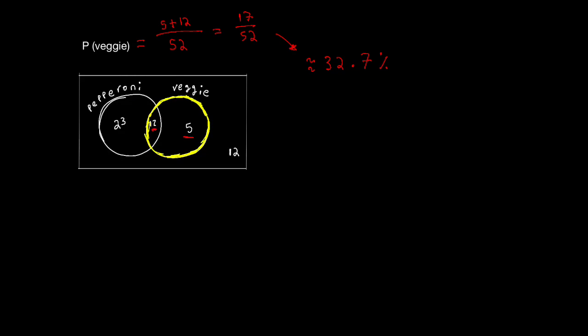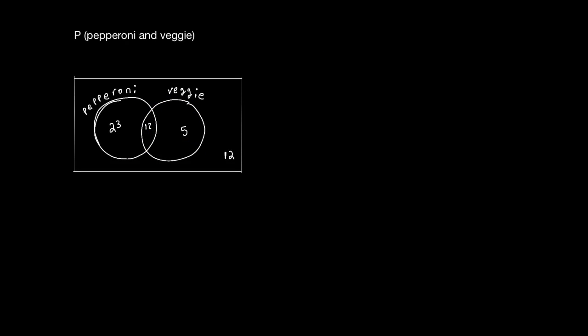All right, let's calculate pepperoni and veggie now. We want the probability of pepperoni and veggie. So here we're looking for an intersection. Every time you see this, have it in the back of your brain that you want an intersection. Here the intersection is this part right here, and you can see that that's just 12.